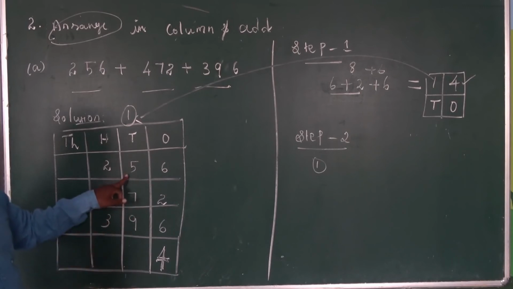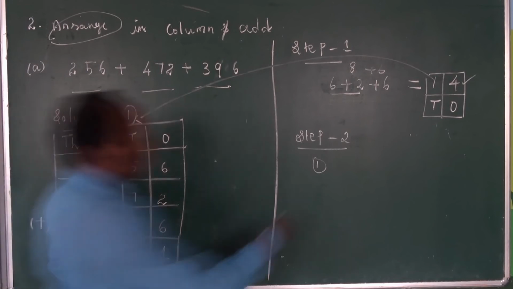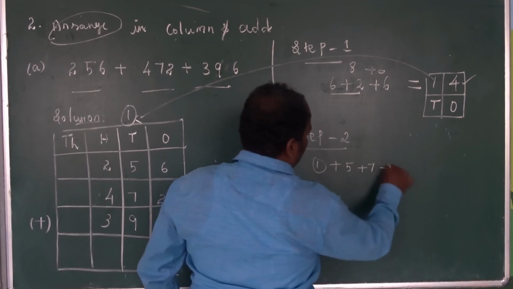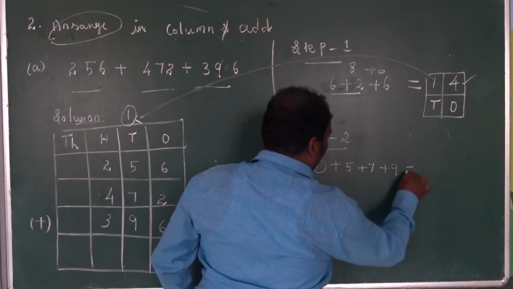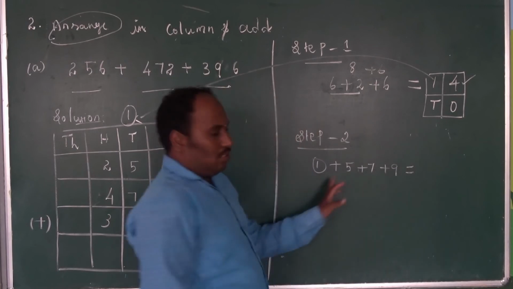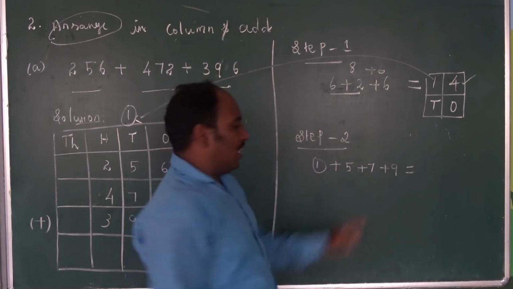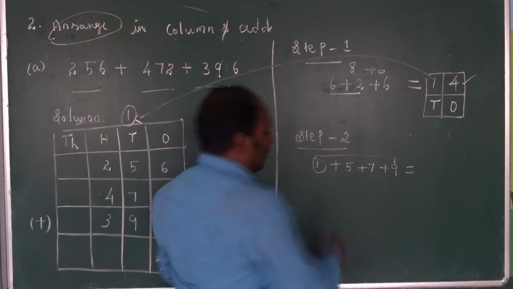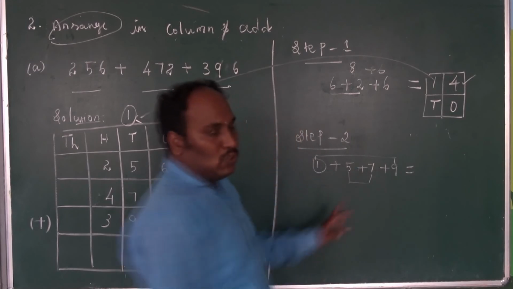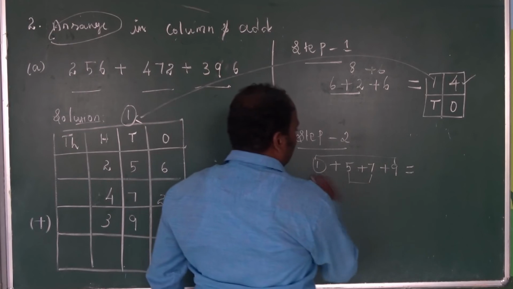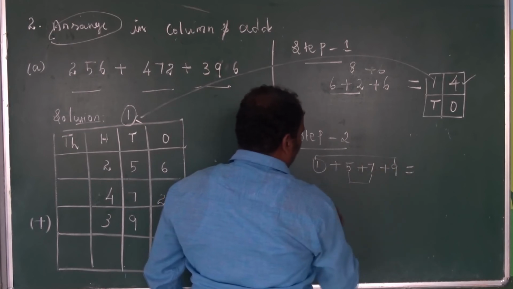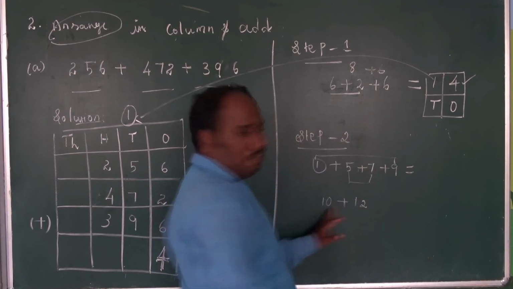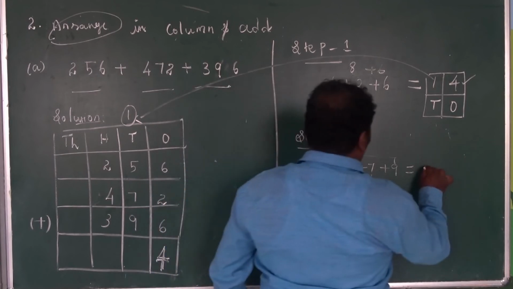That means 5 tens, 7 tens, 9 tens. 1 plus 5 plus 7 plus 9. 1 plus 9 is equal to 10. 5 plus 7 is equal to 12. So our answer is 10 plus 12 is equal to 22.